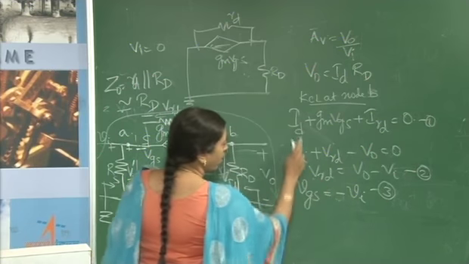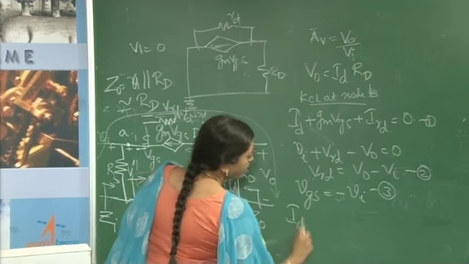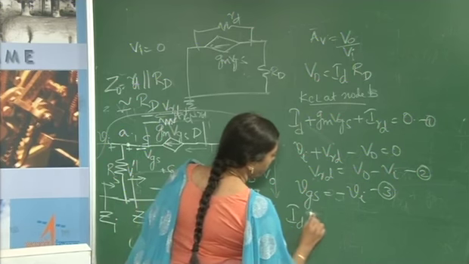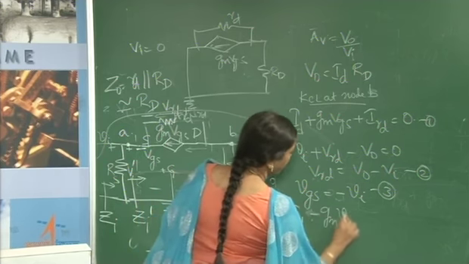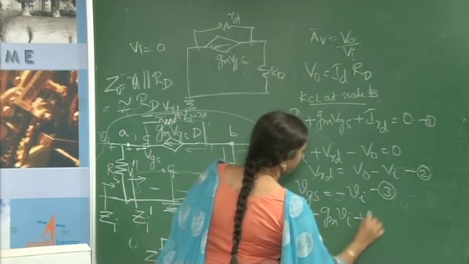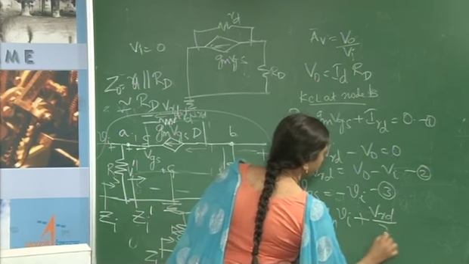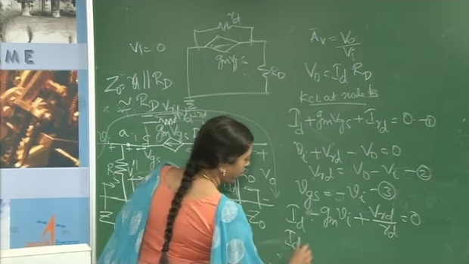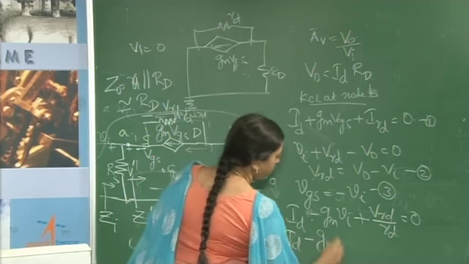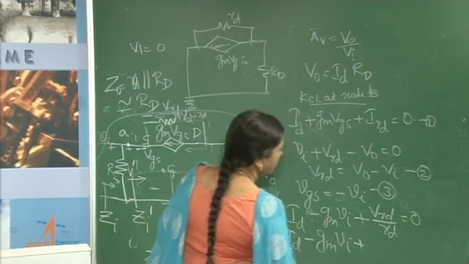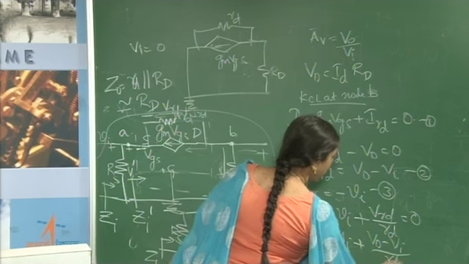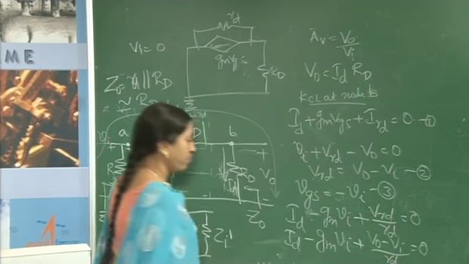Now, substitute these expressions in equation 1. ID minus gm into Vi plus Vrd by rd is equal to 0. Now, we will substitute for Vrd: ID minus gm into Vi plus V naught minus Vi by rd is equal to 0.